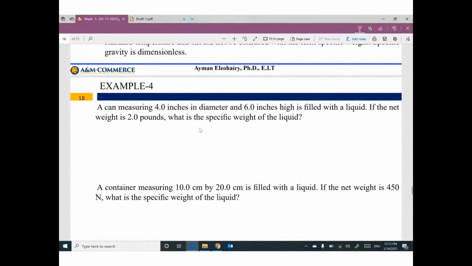Example number 4. We have a can. This can has a diameter of 4 inch and 6 inch height.